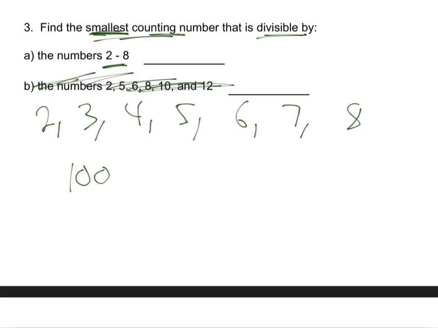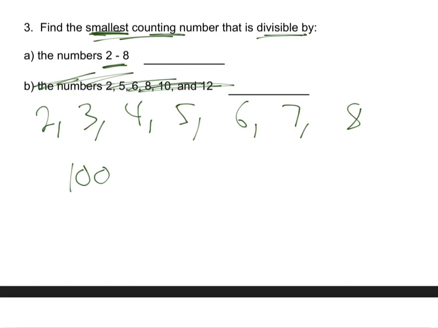If it didn't say smallest, you could just multiply those all together in your calculator. That's for sure a number that they all go into, but it's not the smallest. So the trick is to build the smallest thing that they all fit into. Get the idea? I want to make the smallest thing that all these could go into perfectly.